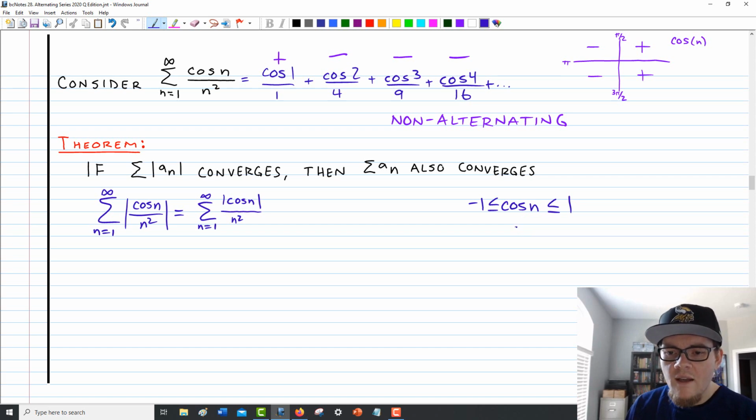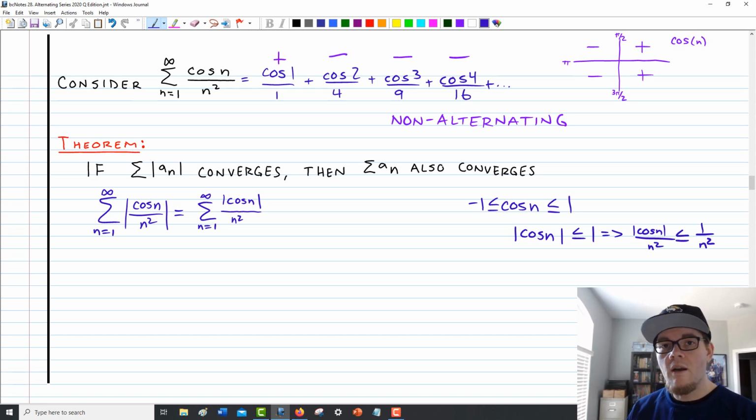Having said that, that means that the absolute value of cosine of n is less than or equal to 1, because that way we're in the entire region. And the reason that's relevant is that then we could say the absolute value of cosine of n divided by n squared is less than or equal to 1 over n squared.